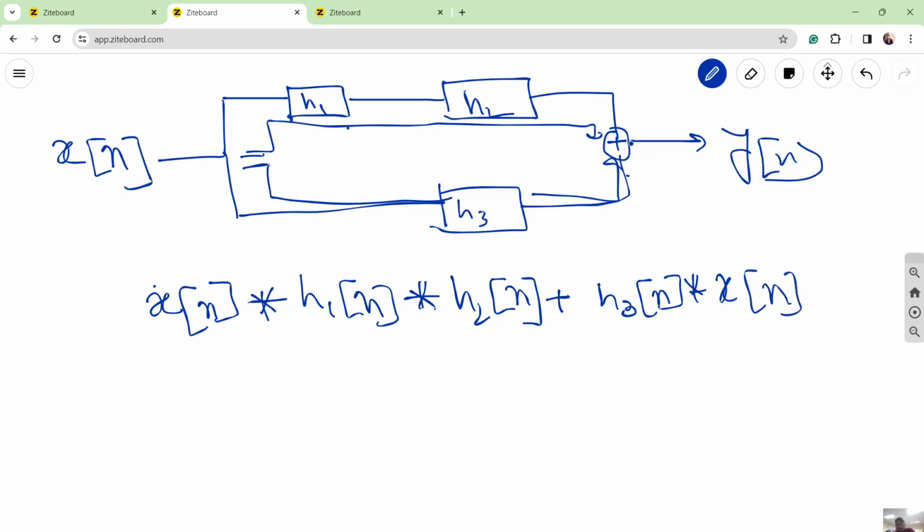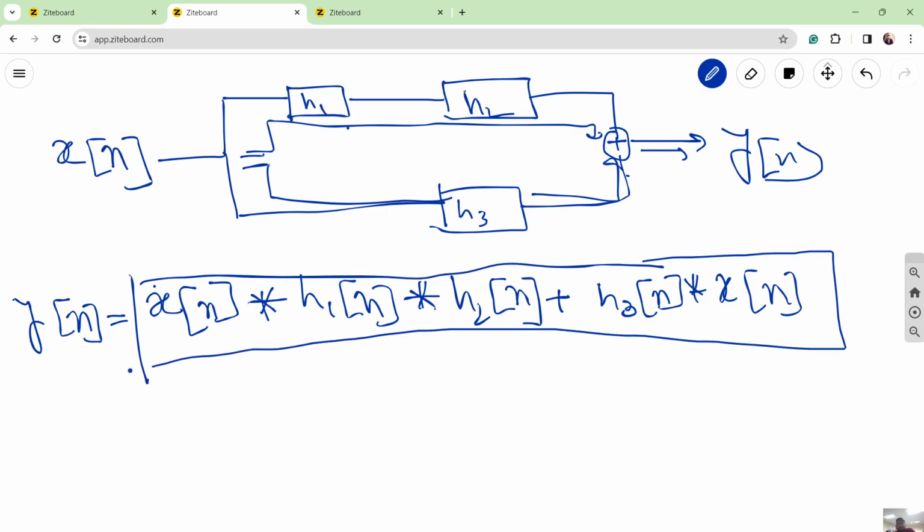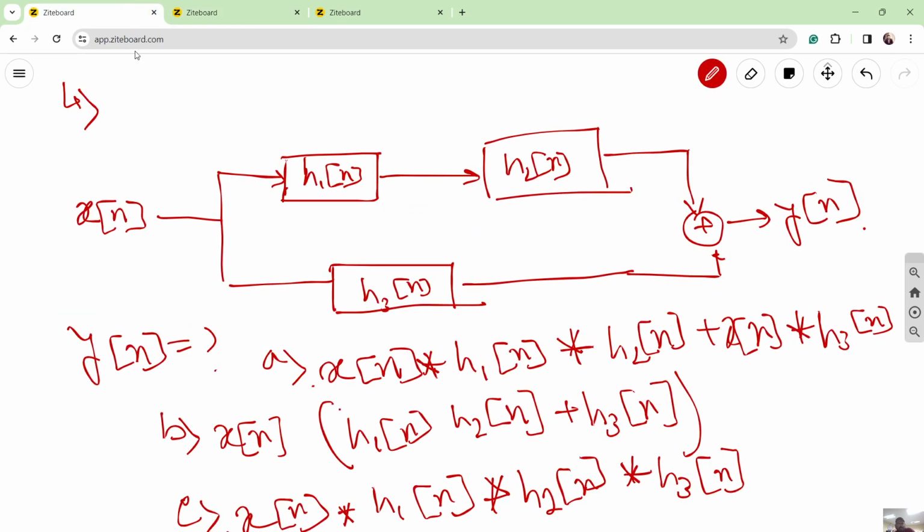So this is the output here. So this is y of n. So this is the answer. So the right answer is option A.